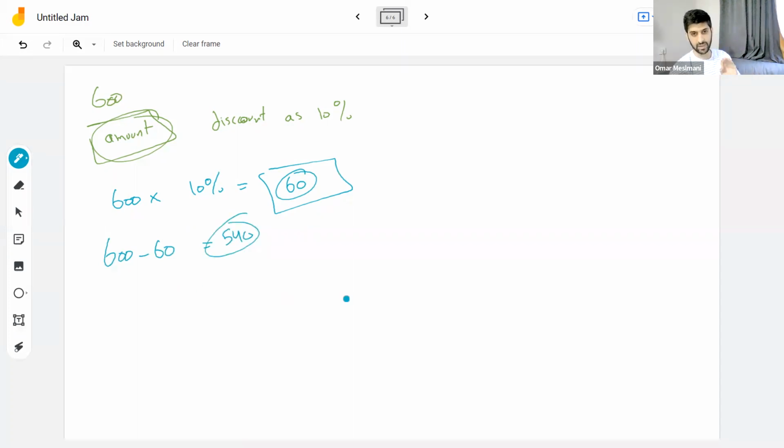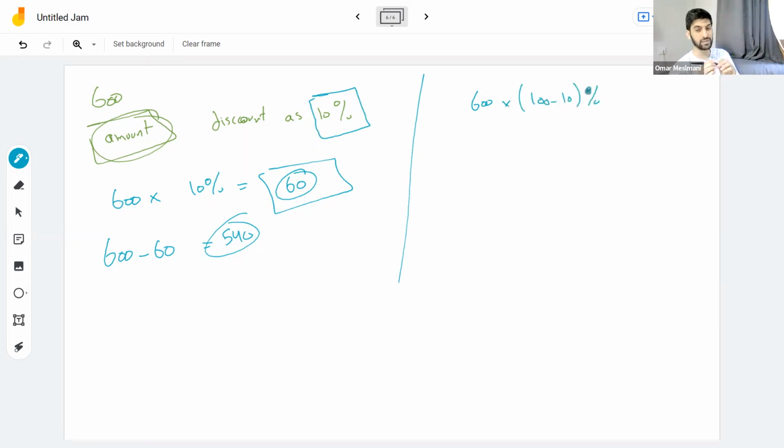That's the first way. The second idea, which is much faster, is that I take the amount. If it's a discount of 10%, I multiply by 100 minus 10%. Use this to save your time. You can use the old one, but I'm using this to save my time.